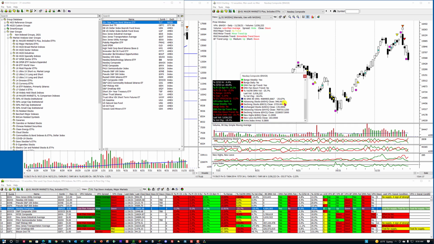Advancing stocks only 546, decliners 2725, unchanged 135. On the advancing volume, here is the number for the advancers and decliners. So about 3 to 1 negative, it looks like. New highs 11, new lows 163.